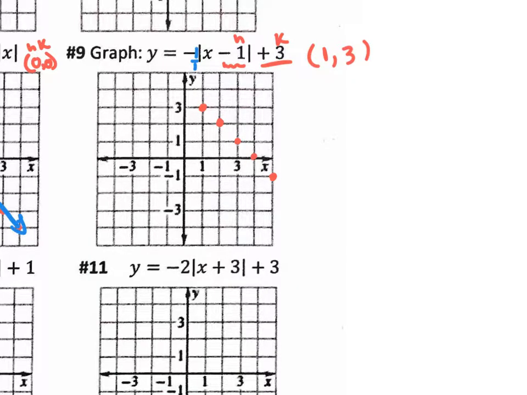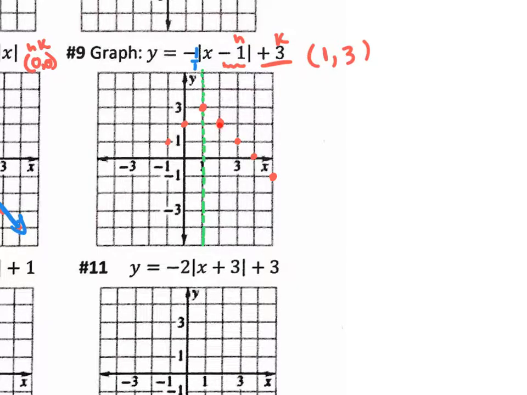Remember, this is your highest point. Your HK is your highest point. So you're going to do down 1 but over 1 this way. You never do that when you do regular lines, but we're doing that right here on absolute value functions. Another way of doing it is kind of like doing a reflection line right here. You could call this the axis of symmetry, and just reflect your points over it.